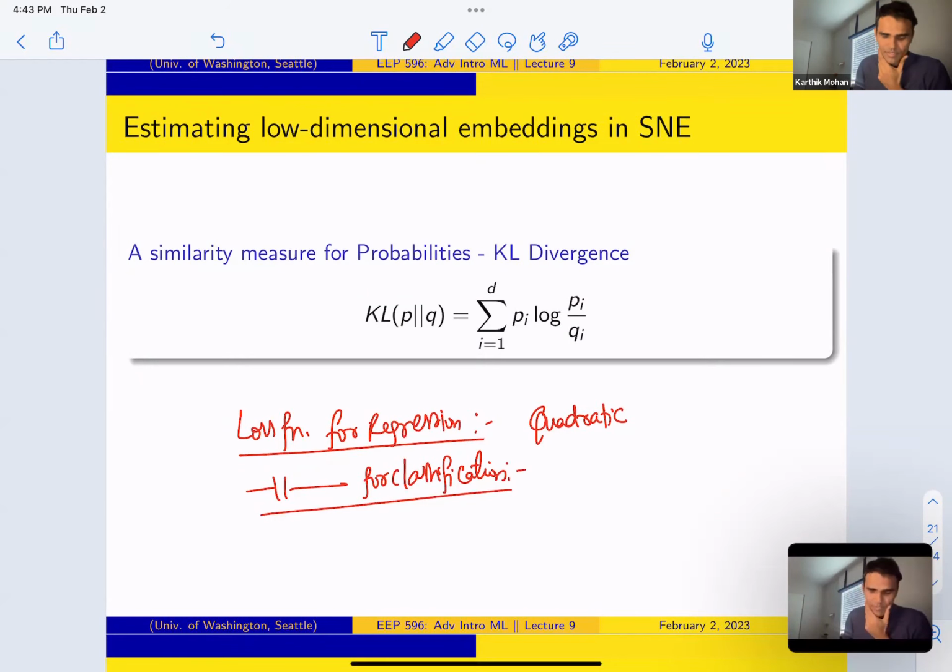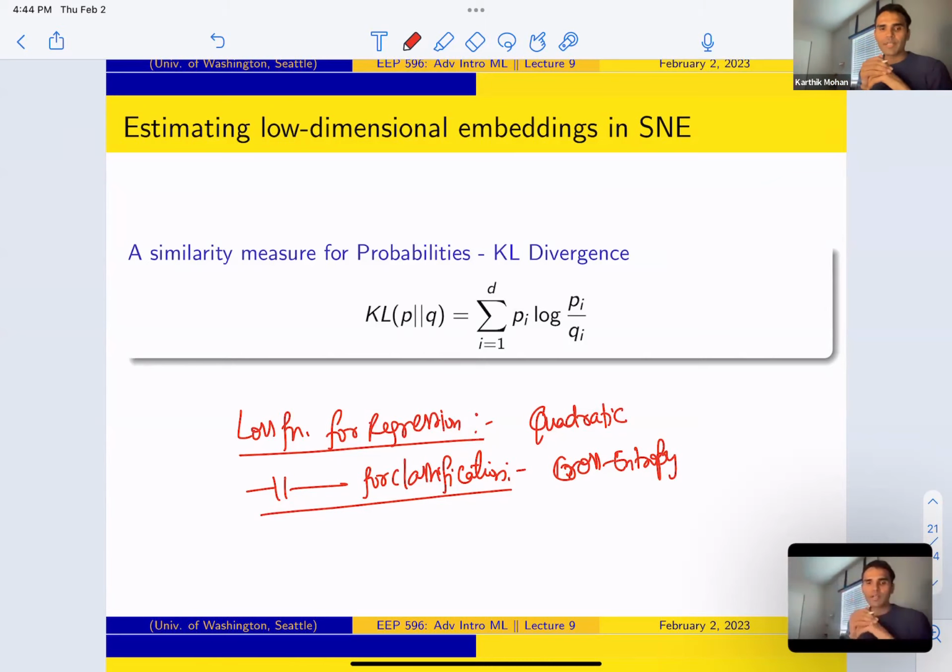If anyone remembers. Cross entropy, right? So you remember the summation of y_i log y hat_i. So you're looking at how the y hat distribution, is it close to the y_i distribution?